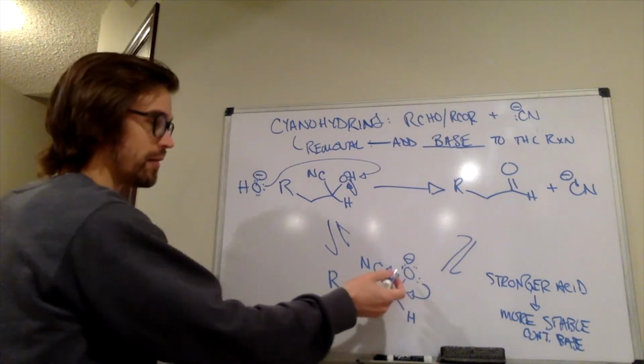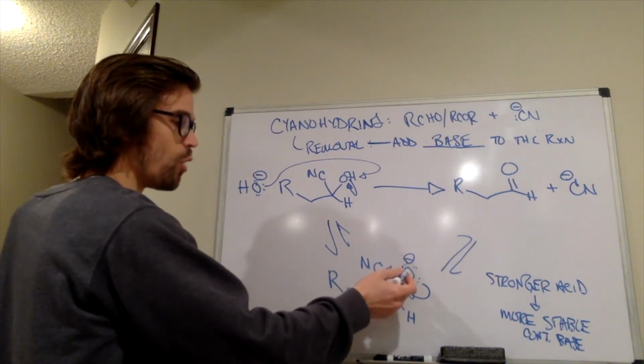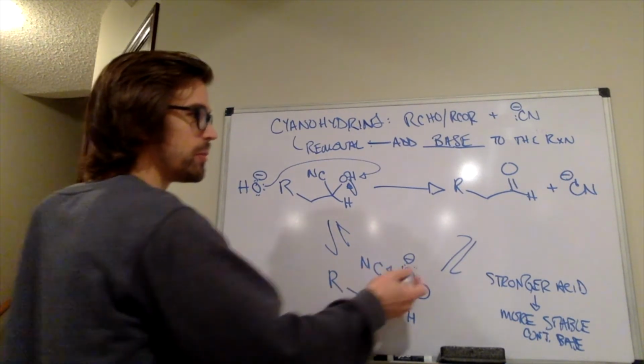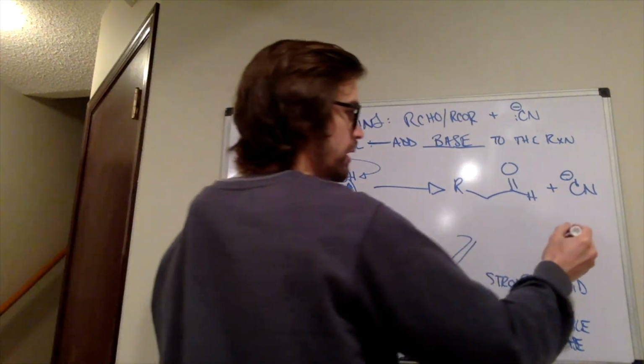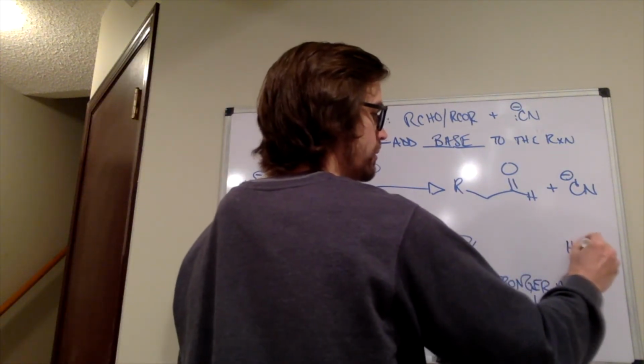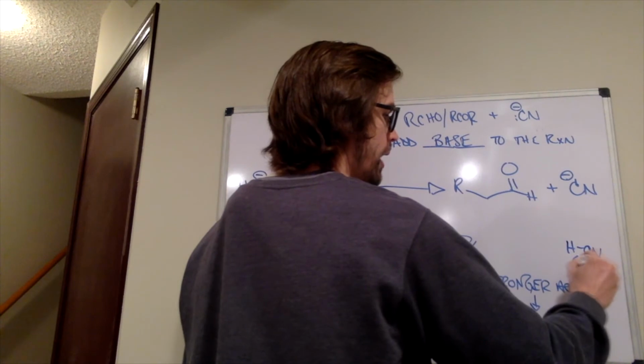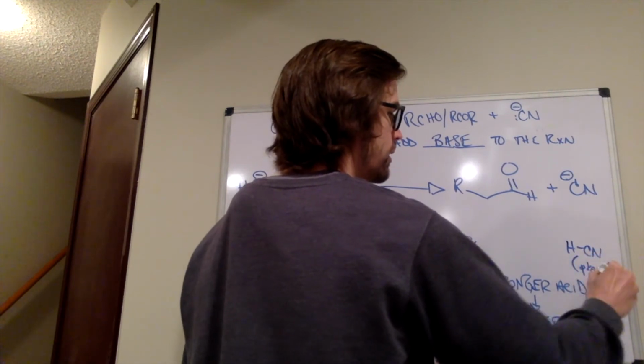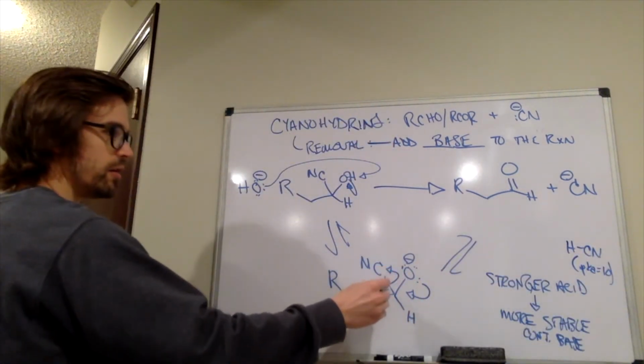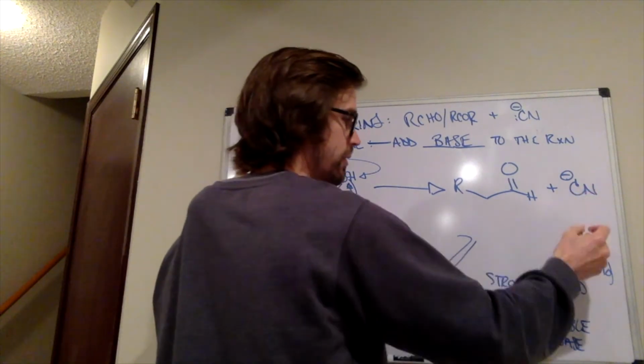So we have to ask ourselves, is this O minus more stable or is the CN minus more stable? We can look at the conjugate acids of those. HCN has a pKa of 10. That's the conjugate acid of that.